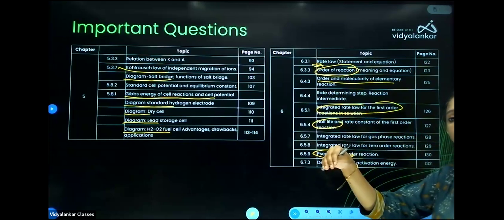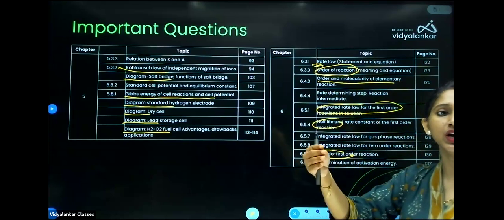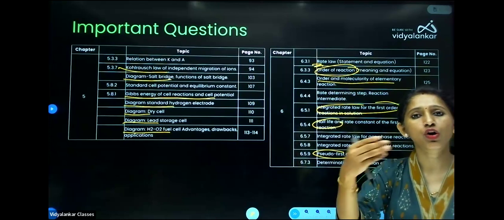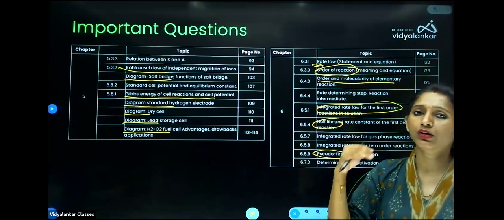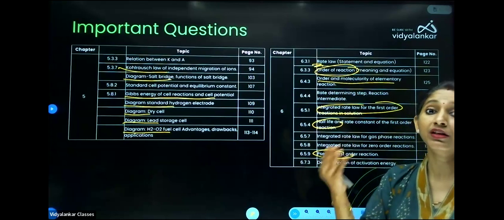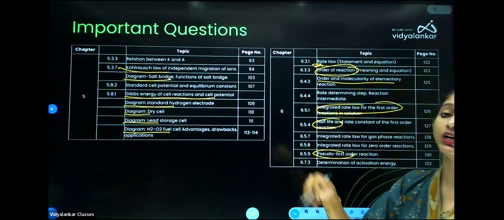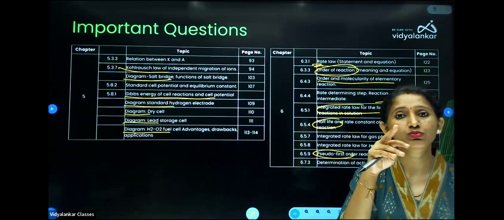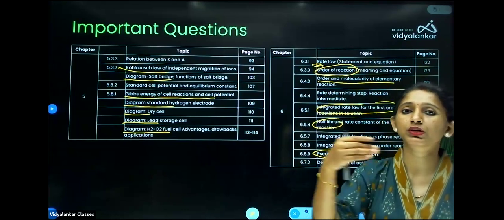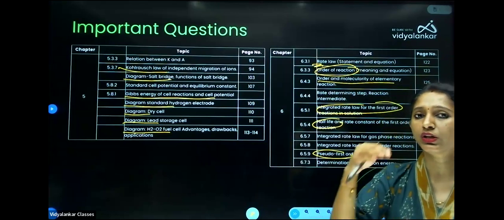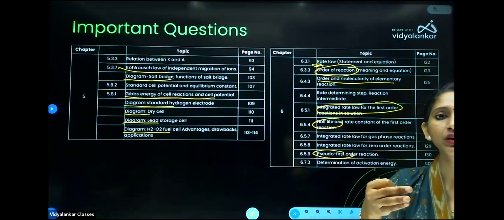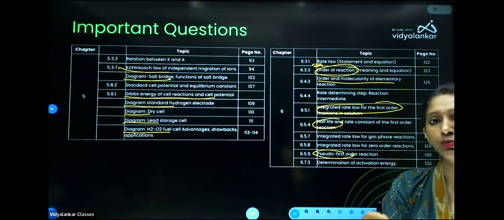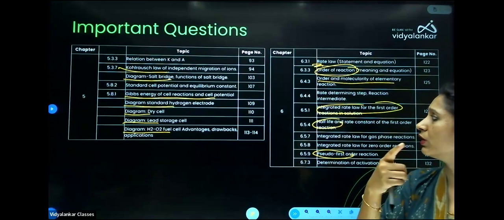You will find one reaction in the question paper, and the question can be to find the order and molecularity. Also, a question mostly asked is to distinguish between order and molecularity. In the textbook 3 points are given, so learn all 3 points properly. The question can be asked for 1 mark.